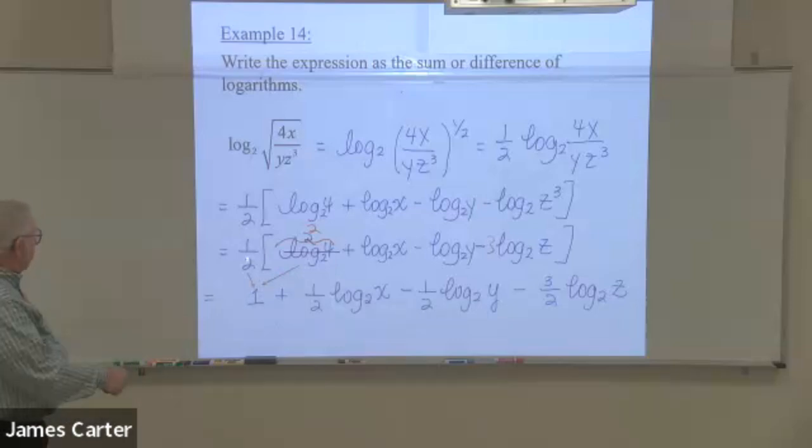And then a half times that term, and a half times that term, and a half times that term. And that would be the final result. Questions? This is kind of long-winded, isn't it?